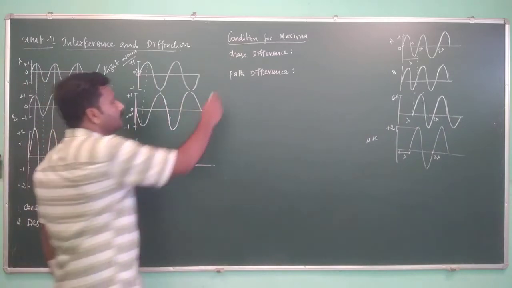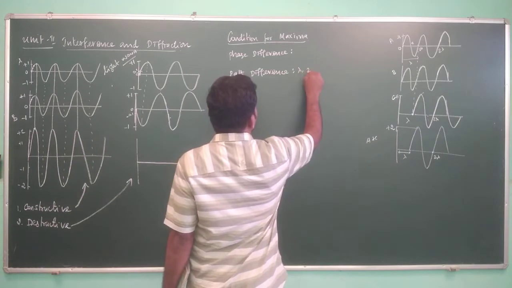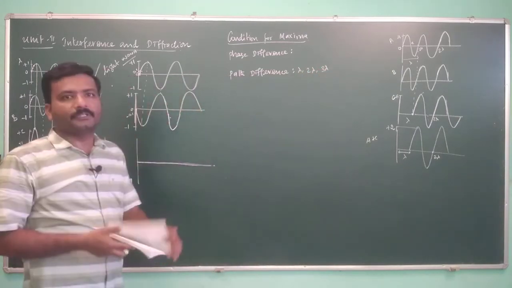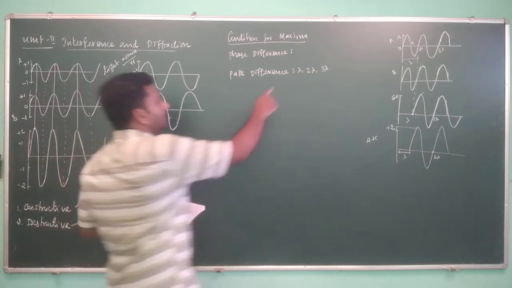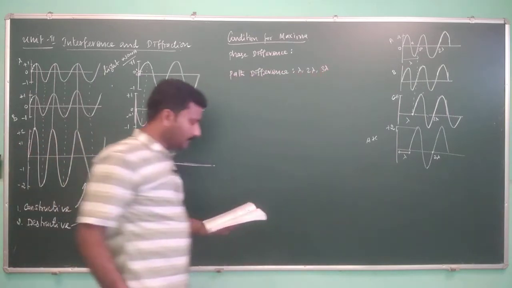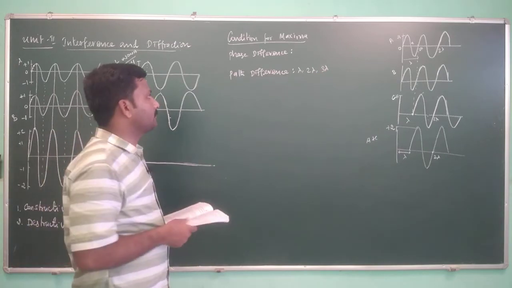So when the path difference between two waves is lambda, 2 lambda, 3 lambda, then you will get maximum interference.